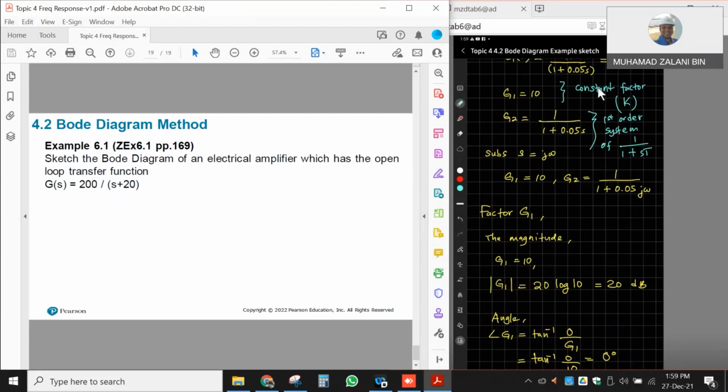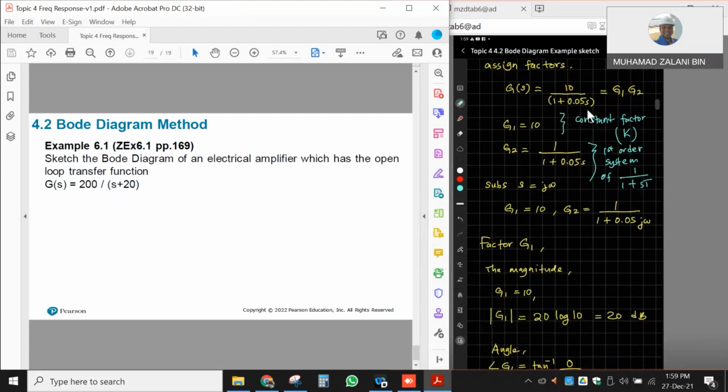For G1, this is a constant factor, and the factor here is 10, the constant is 10.